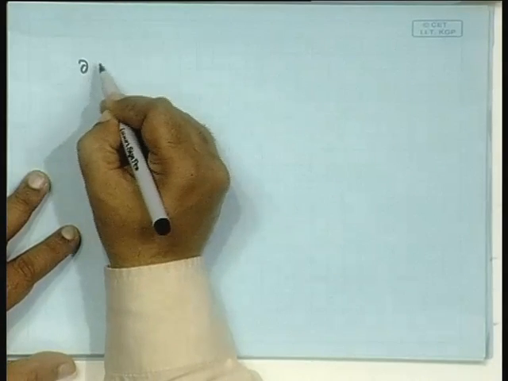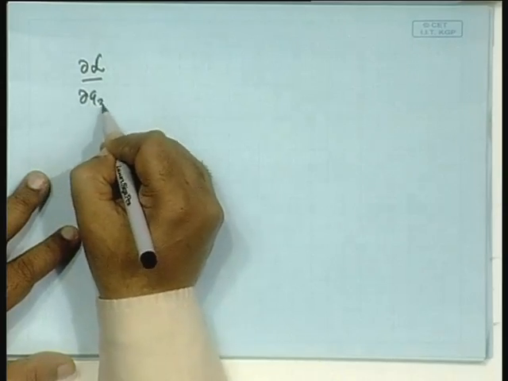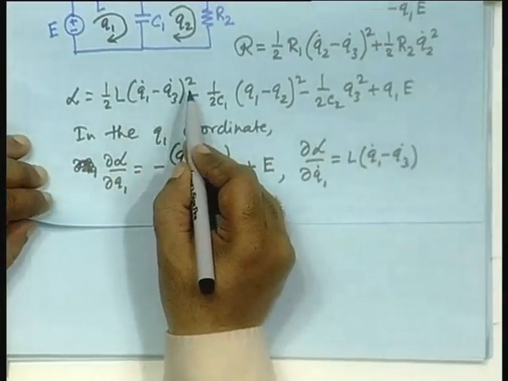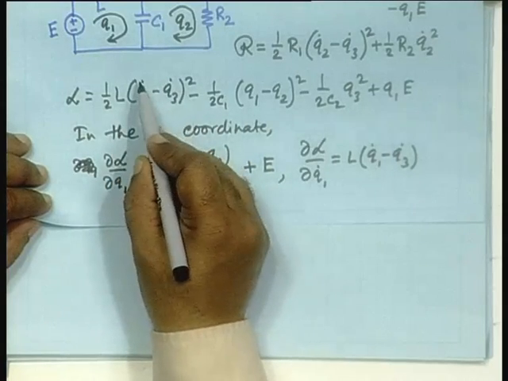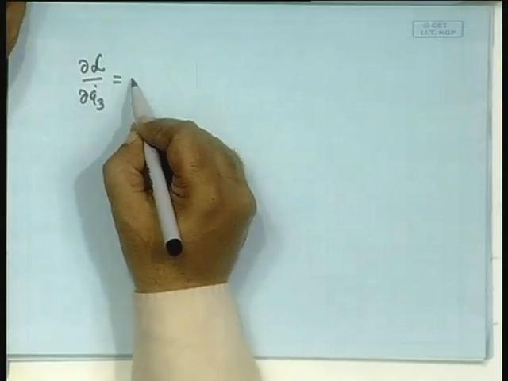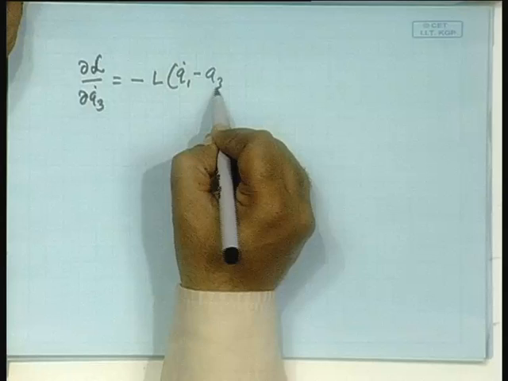See, in this case I should actually write explicitly, otherwise this is creating problems. So, the Lagrangian with respect to Q3 dot is L times this, but now this has to be differentiated. So, it will be minus L Q1 dot minus Q3 dot.